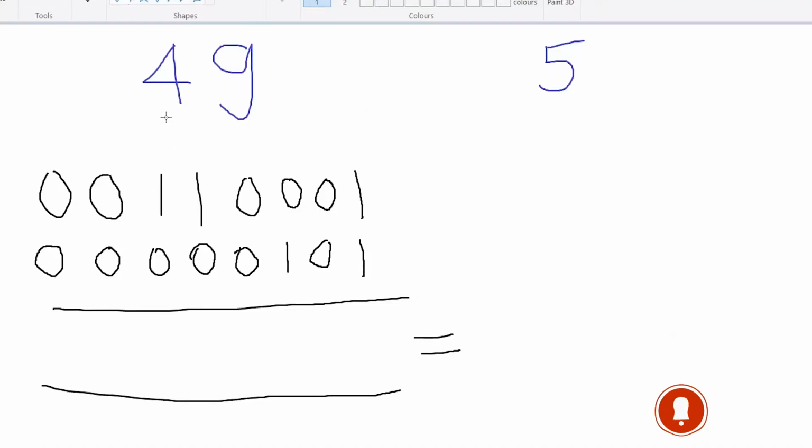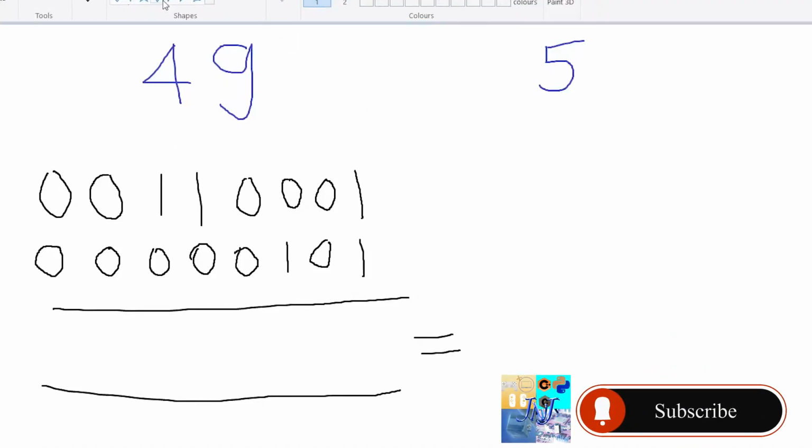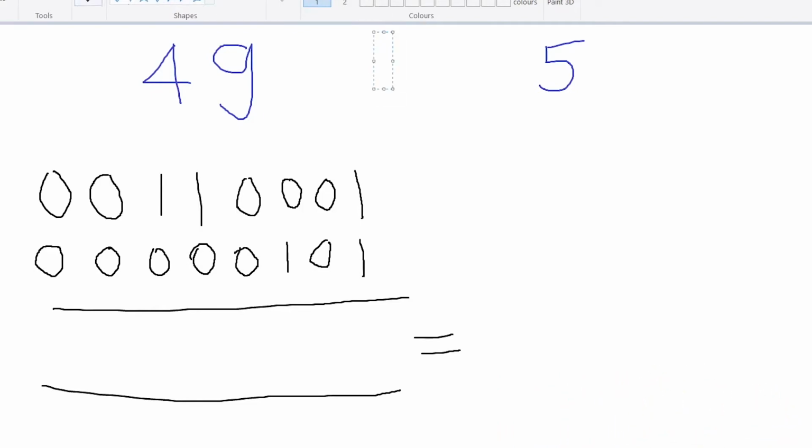Let's find the binary for the XOR operator. So this is our 49 XOR 5. We know that when both are 0 or both are 1, then the output would be 0. Other than that, for other cases it is 1.